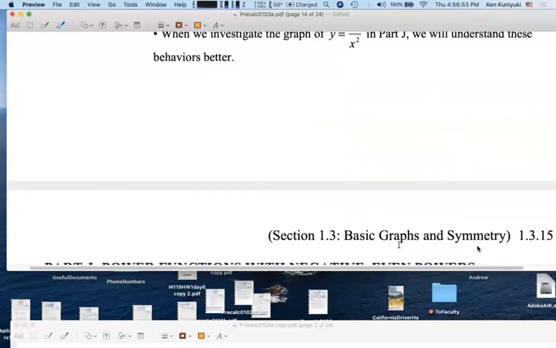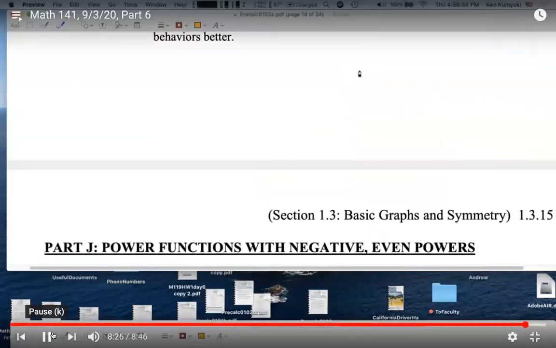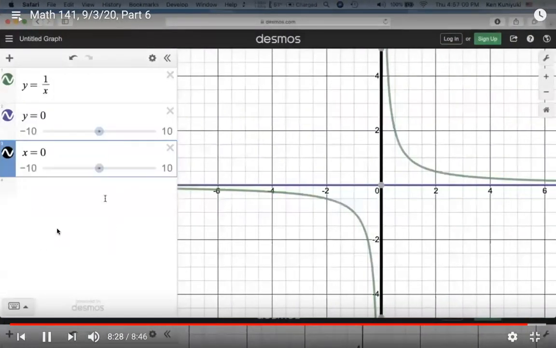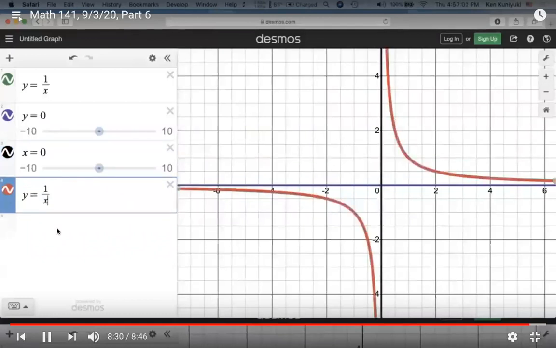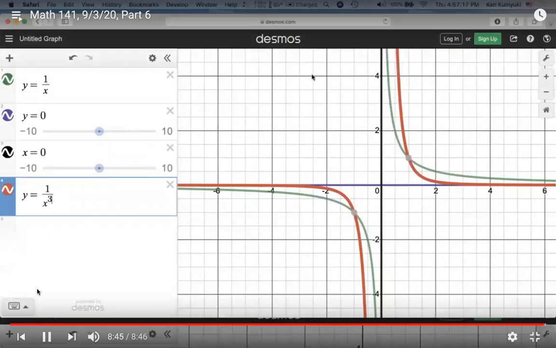Next up, how do you graph y equals x to the negative 2? Oh, by the way, on Desmos, let's do a comparison. Here's y equals 1 over x cubed, in red, versus the green graph. Again, the red graph approaches the x-axis more quickly, but not the y-axis, because these values are steeper over here.